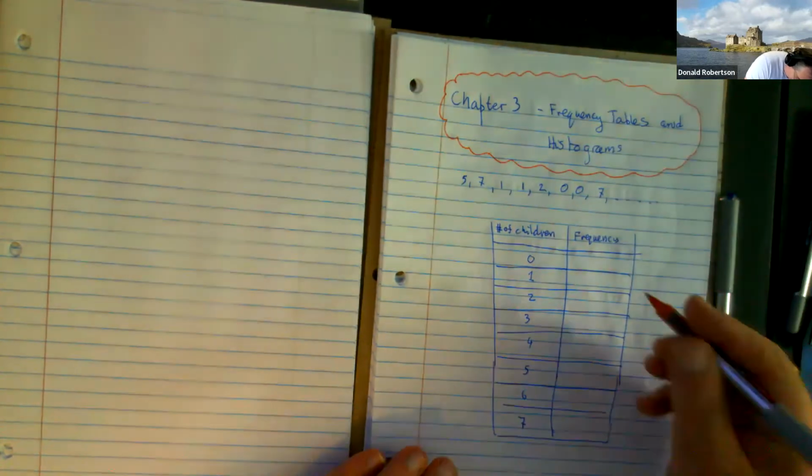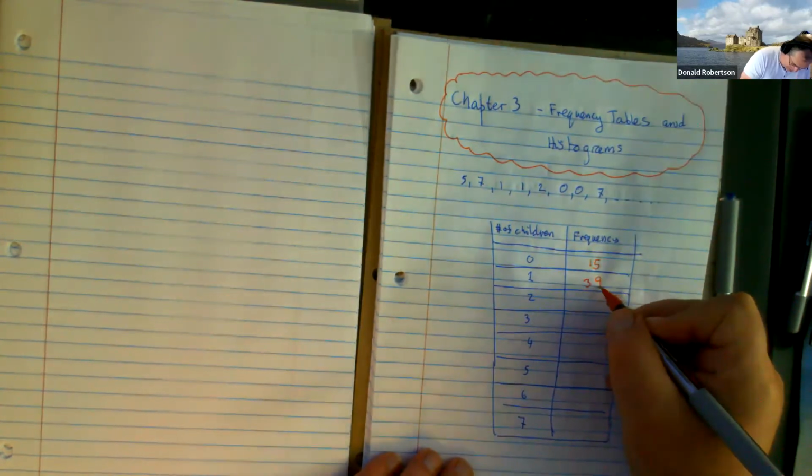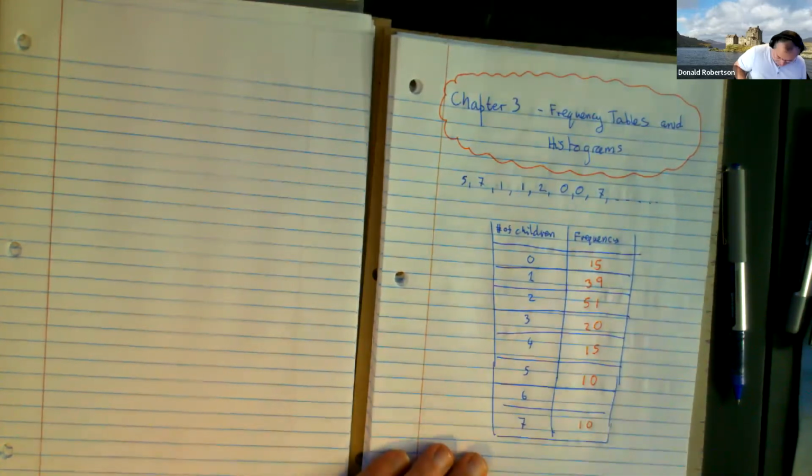And you found out that 15 of them didn't have any children, 39, 51, 20, 15, 10, nobody with 6, and for some reason 10 down here.